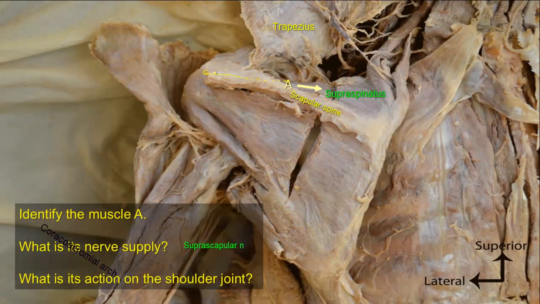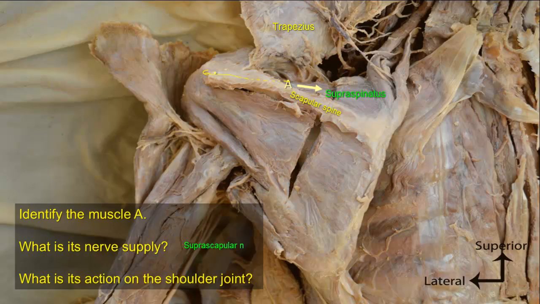Supraspinatus is a member of the rotator cuff muscles. Those muscles form a cuff for the shoulder joint and provide stability for the shoulder joint, but this muscle is not a rotator like the other rotator cuff muscles. It is an abductor of the shoulder joint, as can be expected from the extent of the muscle.